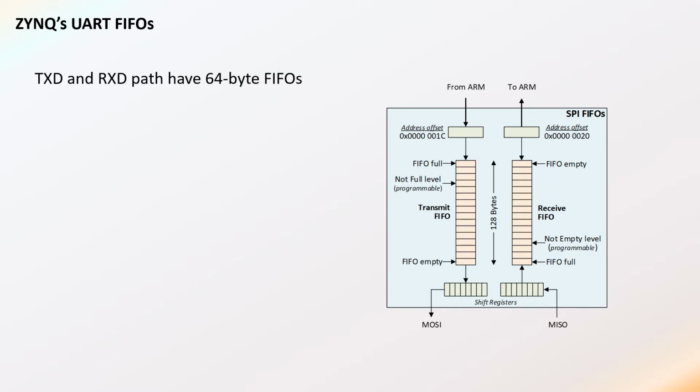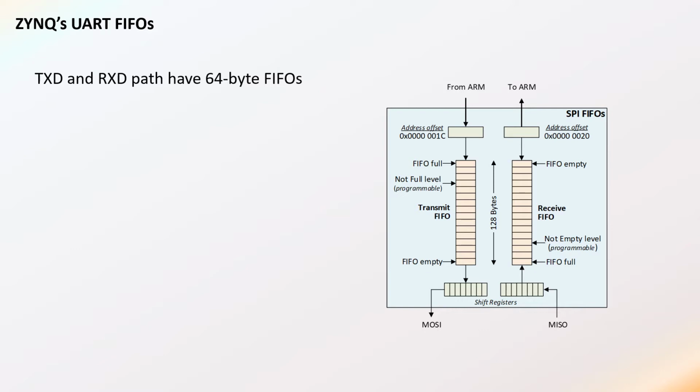I'll show you the addresses a bit later. They were in the previous table, and I'll show them to you again. The read address for the receive FIFO is offset 0x20 from the base address, and the write FIFO is at offset 0x1C from the base address.